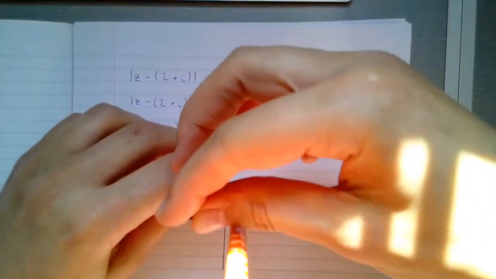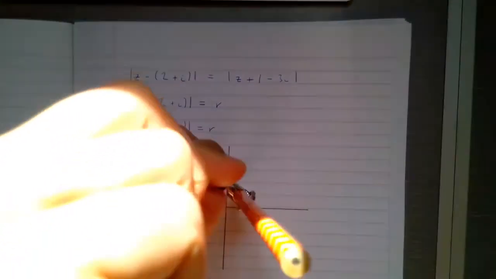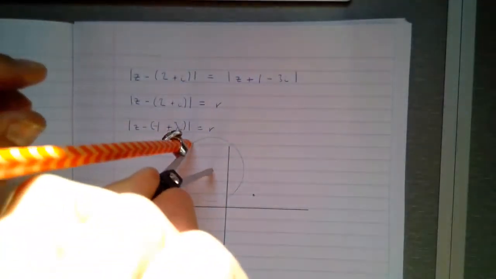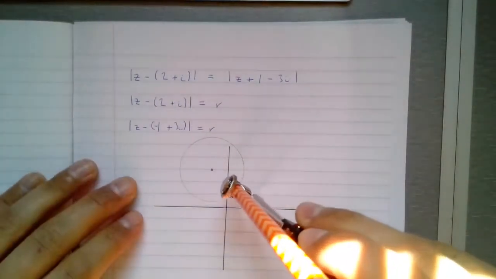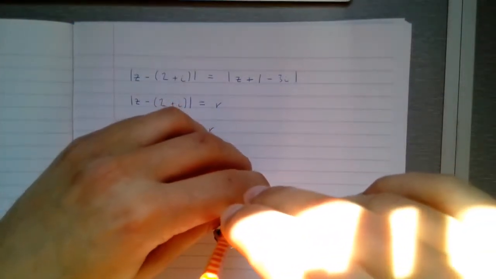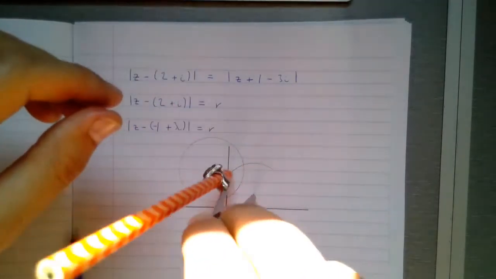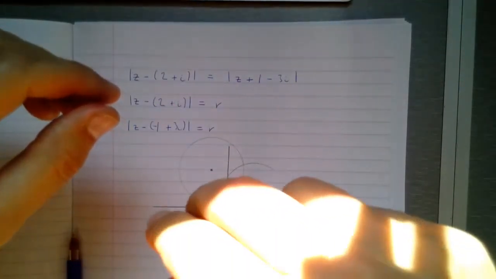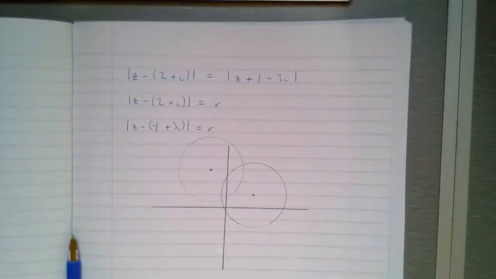If I set it slightly bigger than halfway, and I'm saying that's r, then I need to do the same r for this side too. Turns out I can't use a compass. Okay, so there's an r.